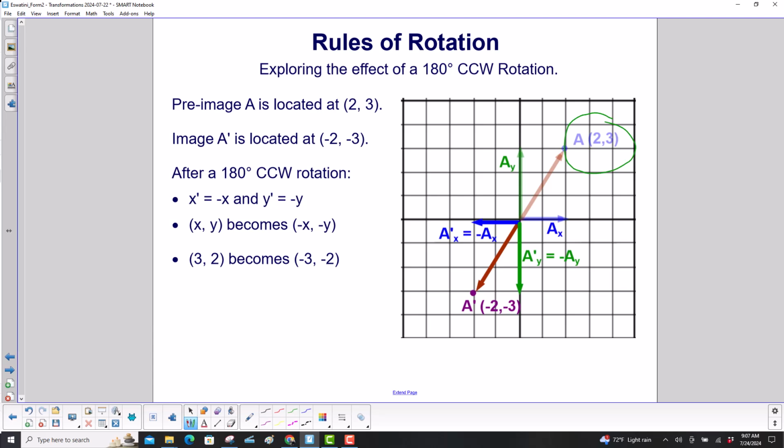Image A prime is located at (-2, -3). After a 180-degree counterclockwise rotation, x prime becomes negative x, and y prime becomes negative y. So (x, y) becomes (negative x, negative y), and for this problem, (2, 3) becomes (-2, -3).